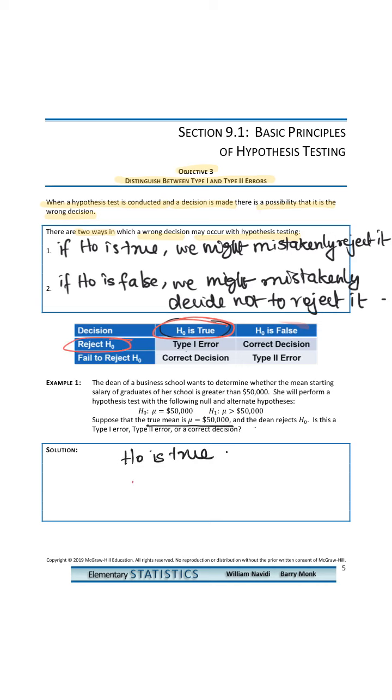That means that is a type 1 error. H0 is rejected.